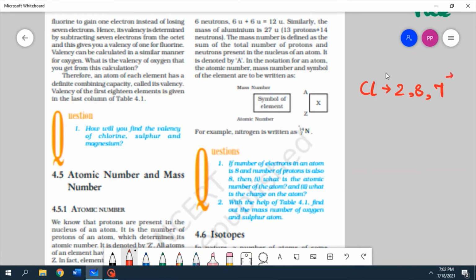So this is greater than 4. So the valency would be 8 minus 7, which is 1. Sulfur is 2, 8, 6. So that is greater than 4. So 8 minus 6 is 2.